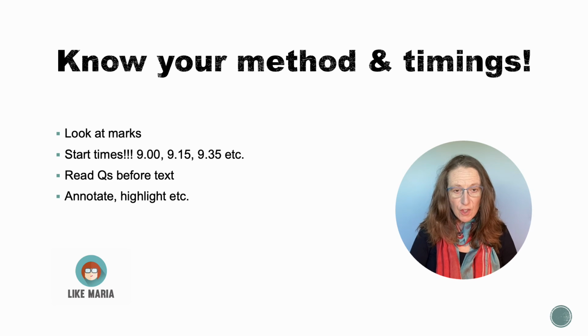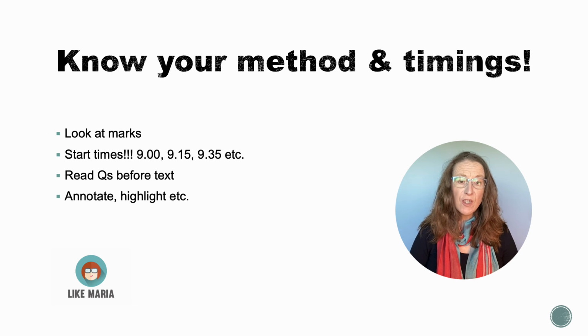So one key thing to do before the exam period, and this applies to all sorts of exams, not just English, is to know your timings and know your methods, how you're going to approach the exam. Sit down with an old paper and practice it. Look at the marks allocated to each question and decide how long you personally need for that. When you walk into the exam, it's customary for the exam people to write up on the board a time of the start.